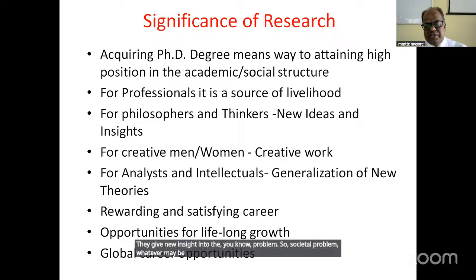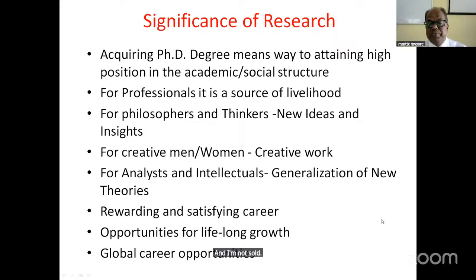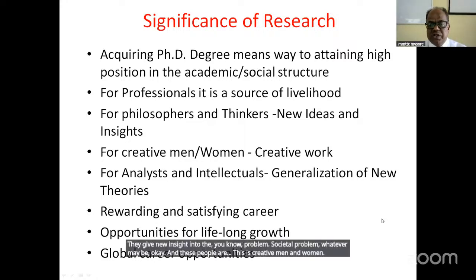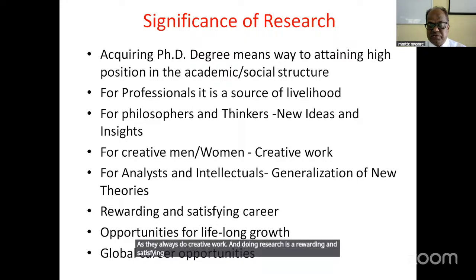And these people are treated as creative men and women, because they always do creative work. And doing research is a rewarding and satisfying career, because scientists always work for 30, 40 years. Therefore, for them, it is a rewarding as well as satisfying career.